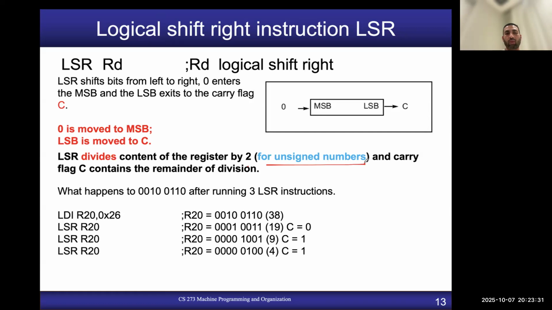So if your number is unsigned and you are moving it right using the LSR instruction, you are effectively dividing it by 2, and the carry flag will give you the remainder of your division result, right? How is it different? This time your LSB is fed into the carry, and 0 is fed into the most significant bit position, right?